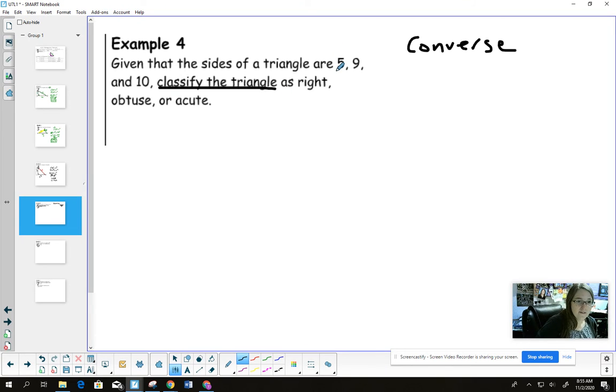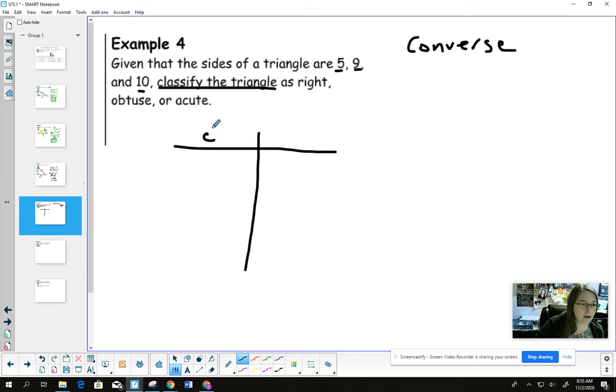So we have 5, 9, and 10. Now, again, the way we're going to write this, be very careful, guys. When you're doing this specific type question, you want to write it C squared on the left and A squared plus B squared on the right. You need to write it that way when we're doing this specific type of question.